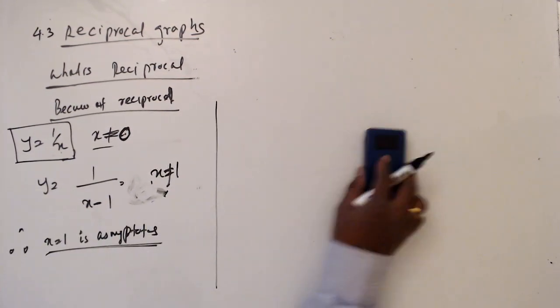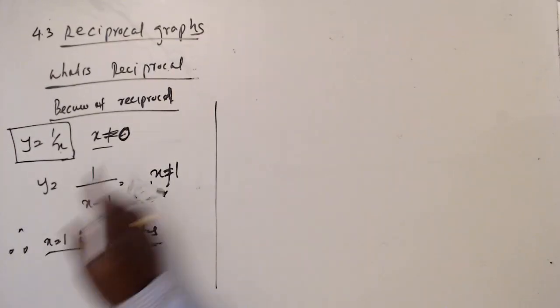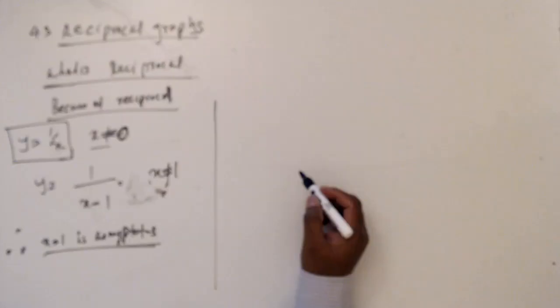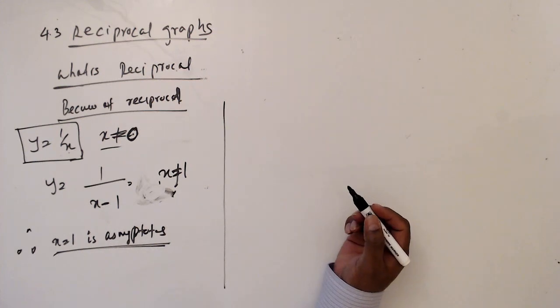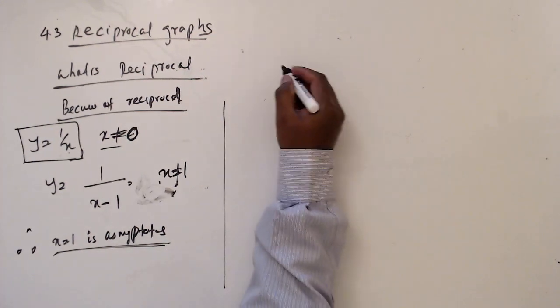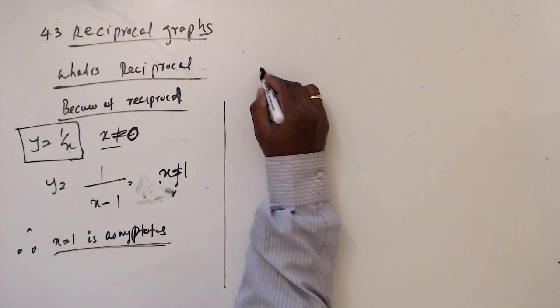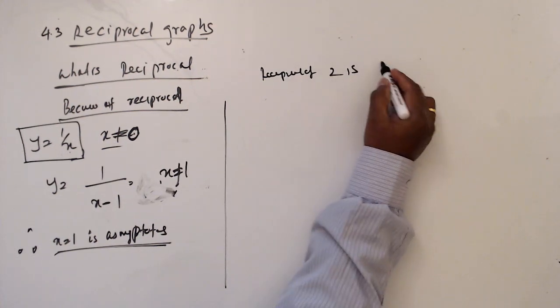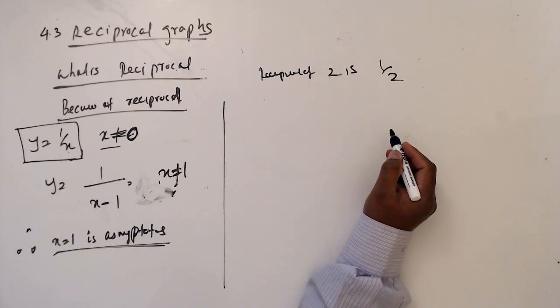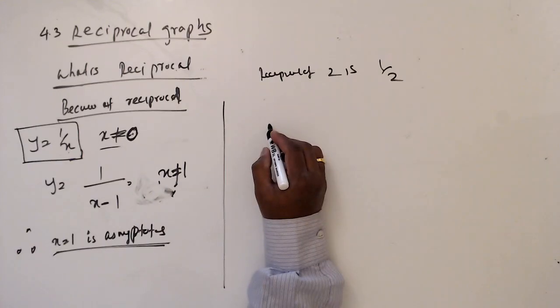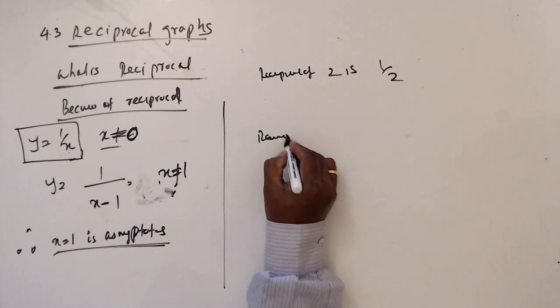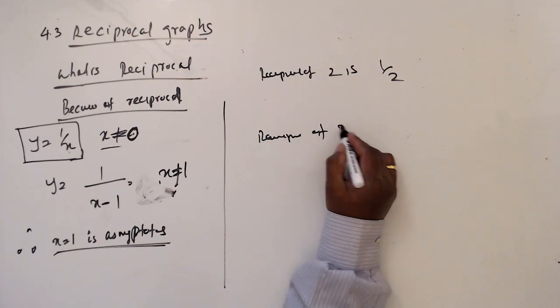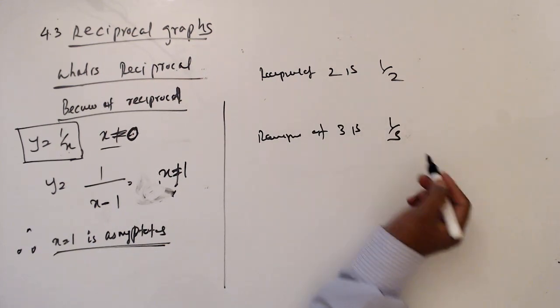Now, what is a reciprocal? We didn't talk about reciprocal. Reciprocal of 2 is half. Reciprocal of 3 is 1 over 3.